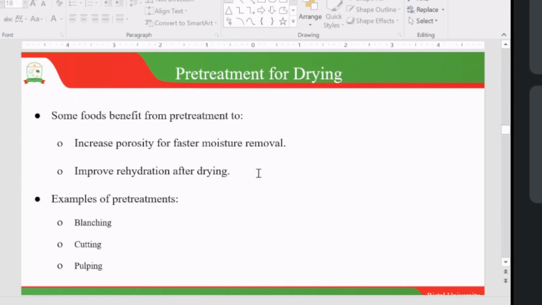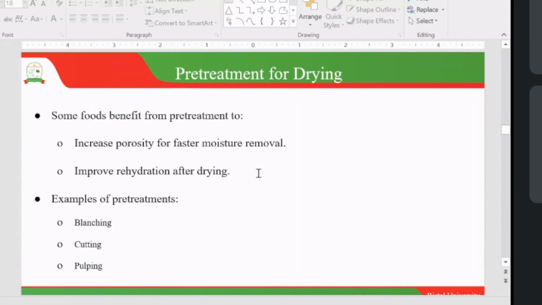Porosity meaning now the foods are more porous, in that they will be able to lose the moisture through their pores quickly, and also improve the rehydration after drying. You really need to have some water content in them, though you remove the water content to increase their shelf life, but then you want them to have some water content in them before you eat them.